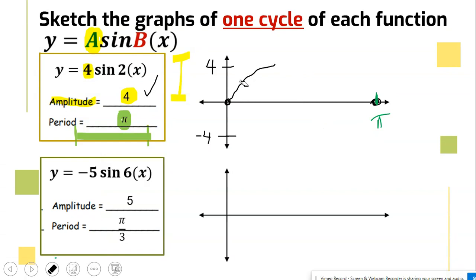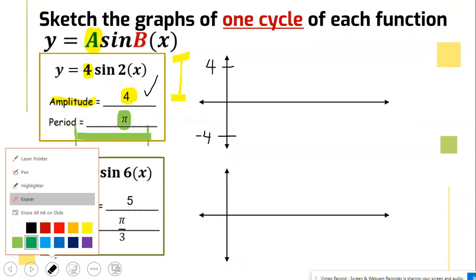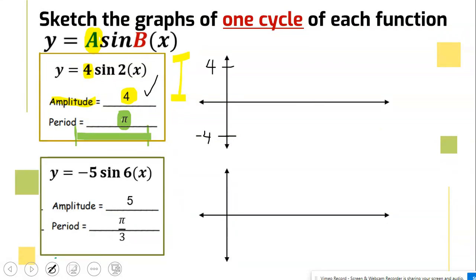I start off with pi over here. I start off with whatever the period length is, pi, and I know I need to split it into 4 parts. So I just do fractions.